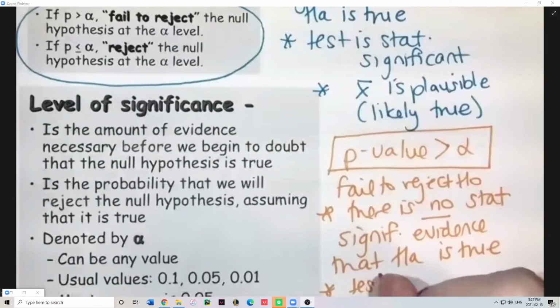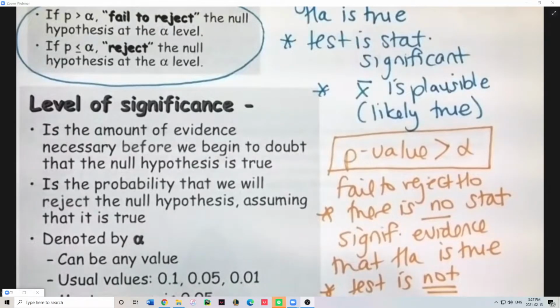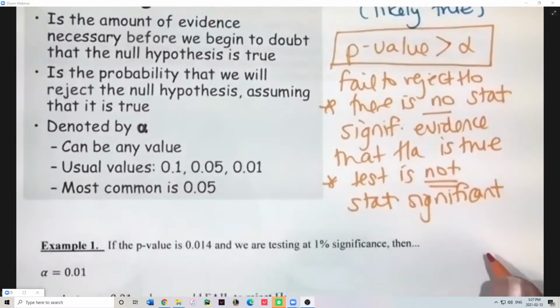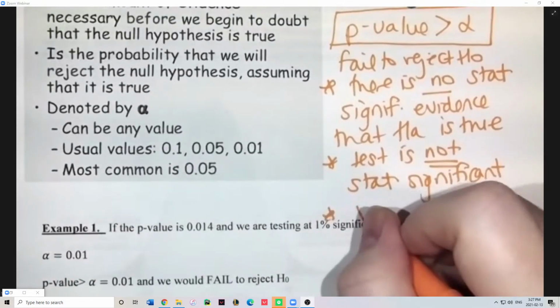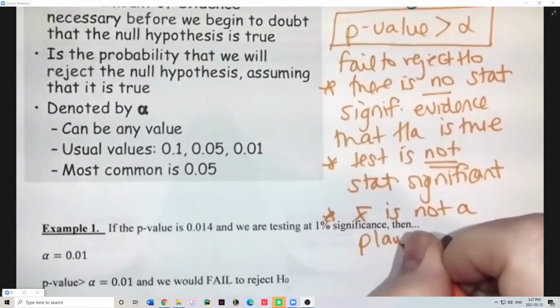And that means the test is not statistically significant. And it would also mean that X bar is not a plausible value.